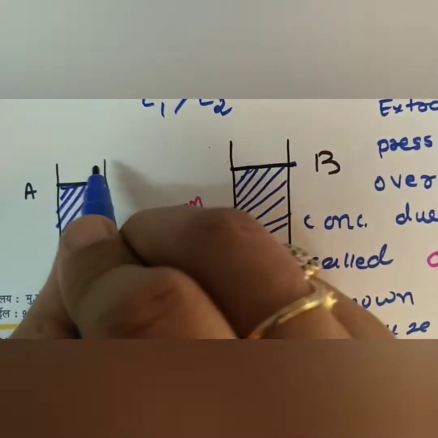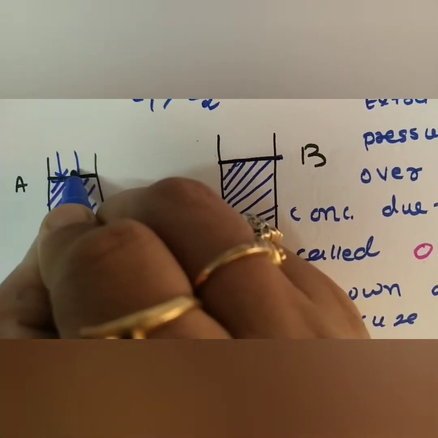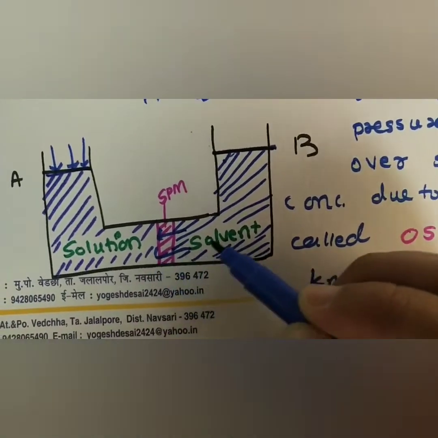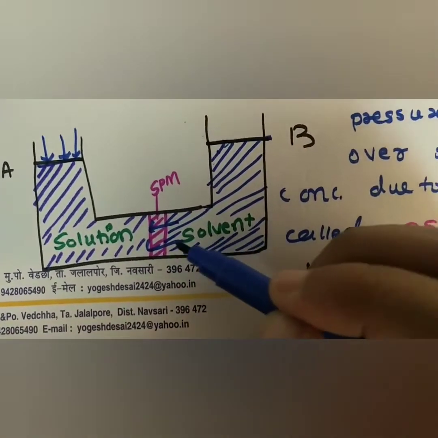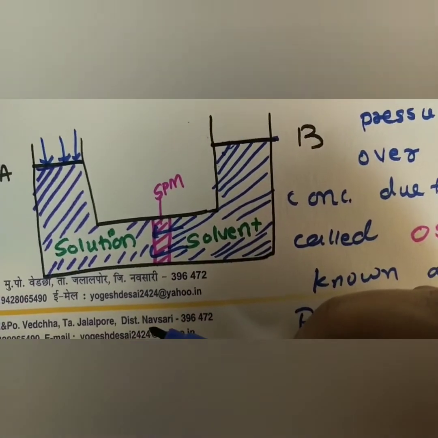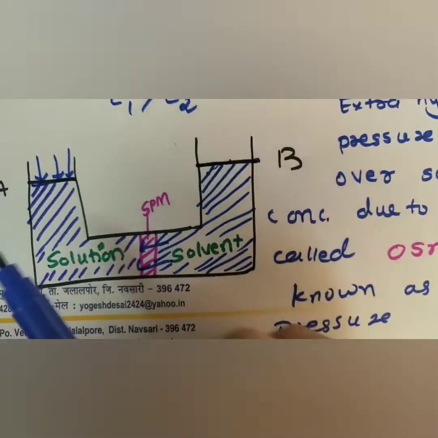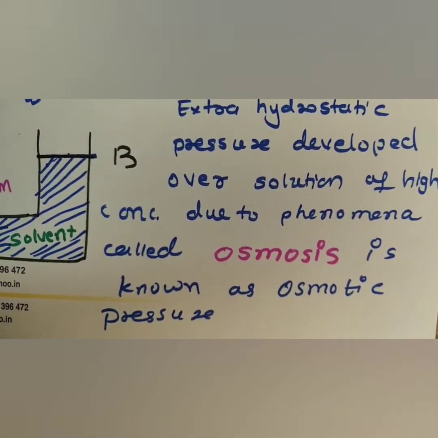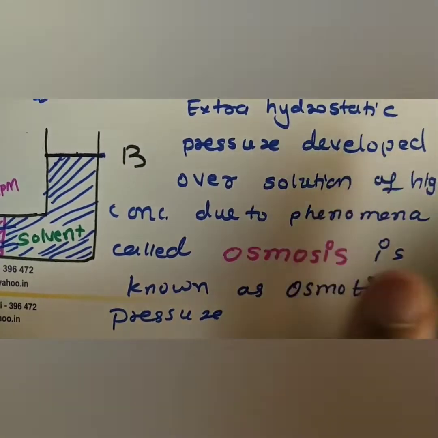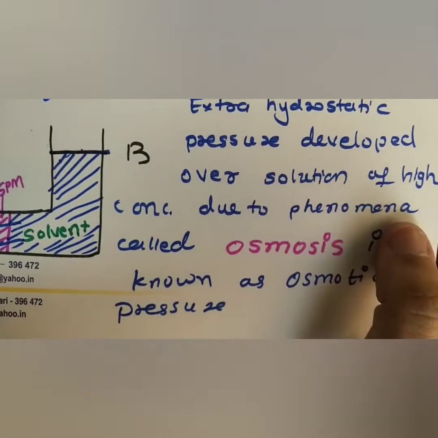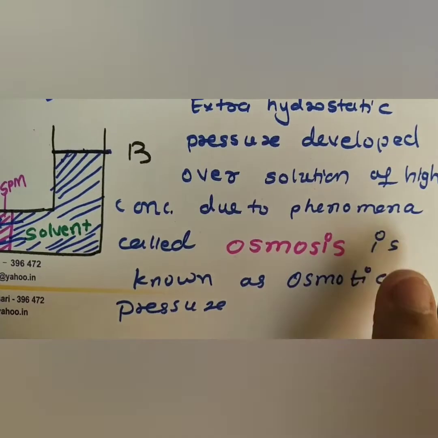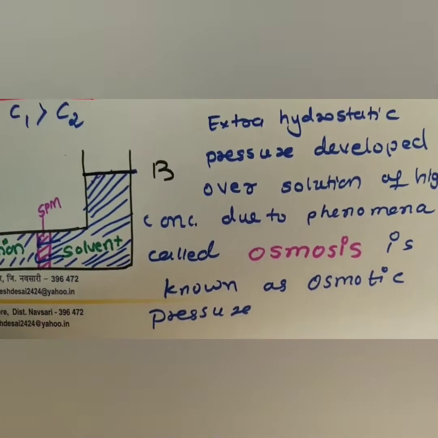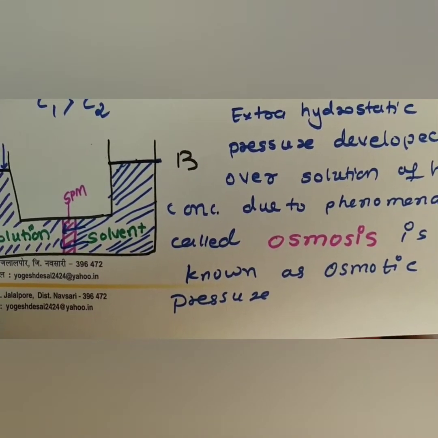Okay, but if I apply the pressure over here and stop the passing of the solvent molecules, okay, so we can fix the height. This pressure we will discuss. Extra hydrostatic pressure developed over a solution of high concentration due to phenomena called osmosis, and this pressure is known as what? Osmotic pressure. Hope you understand this very well.